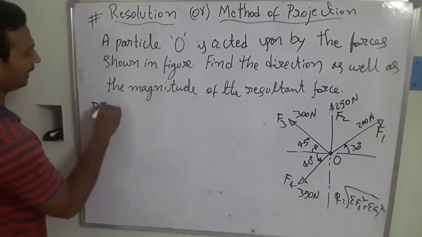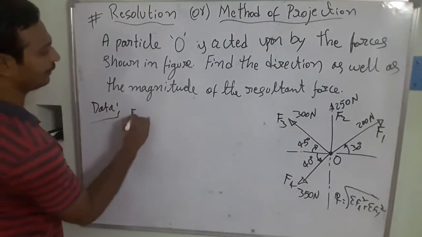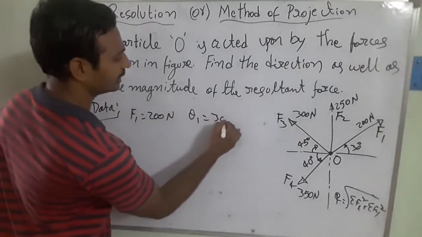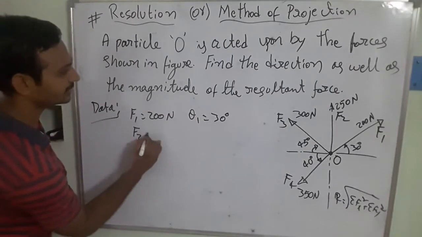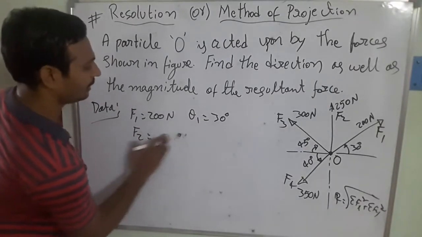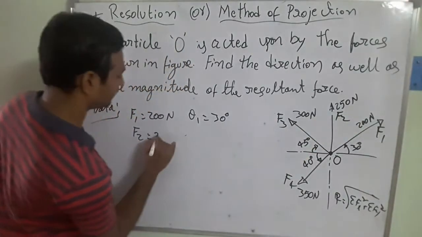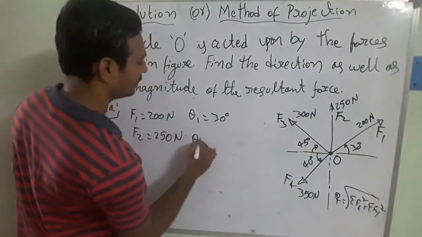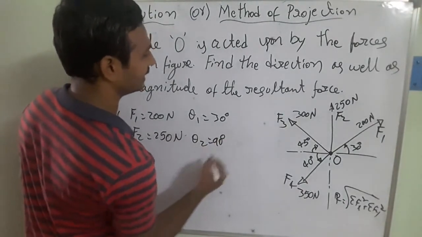I am going to write here the data: F1 is equal to 200 newtons and theta 1 is equal to 30 degrees. F2 is equal to, sorry, F2 is this component, that is 250 newtons. And what is theta 2 for this one? Theta 2 is equal to 90 degrees.